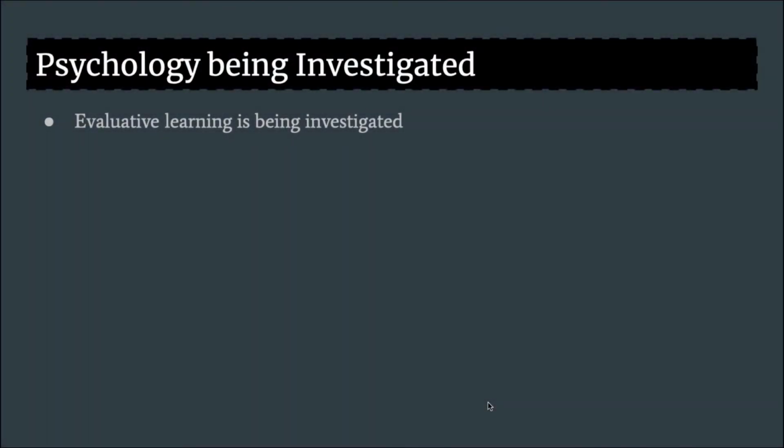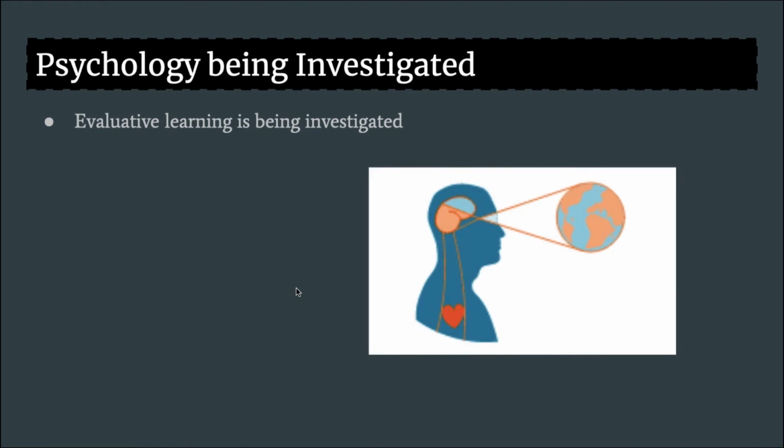Let's move on to the psychology that's being investigated in this study. The main psychology being investigated is evaluative learning, which is a form of classical conditioning, which is learning by association, right? This is when an individual evaluates a previously non-threatening or neutral object negatively without anticipating any threat or danger.